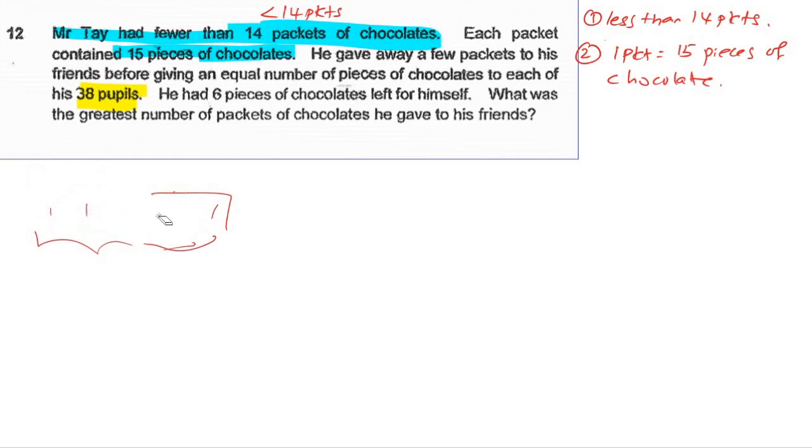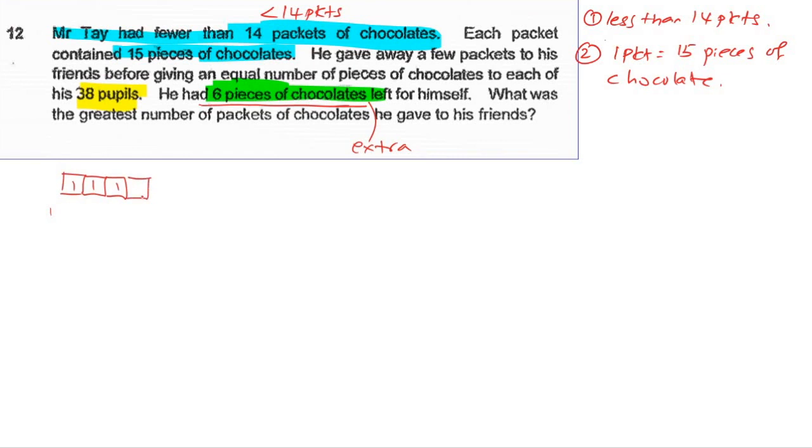Okay, and she had 6 pieces of chocolate left. Does this sound very complicated? No. Remember, extra pieces of chocolate left is actually extra. So we draw 6 pieces here: 1, 2, 3, 4, 5, 6.